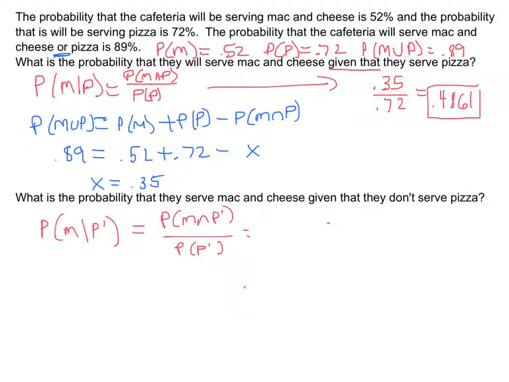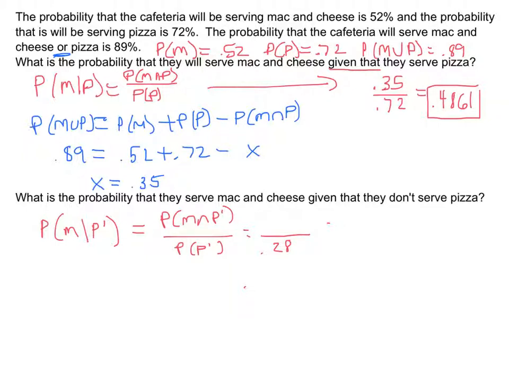The denominator is easy to find: if the probability of P is 72%, then subtracting that from 1 gives the probability of P prime, which is 28%, because probabilities always need to add up to 1. So the probability of P plus the probability of P prime equals 1.